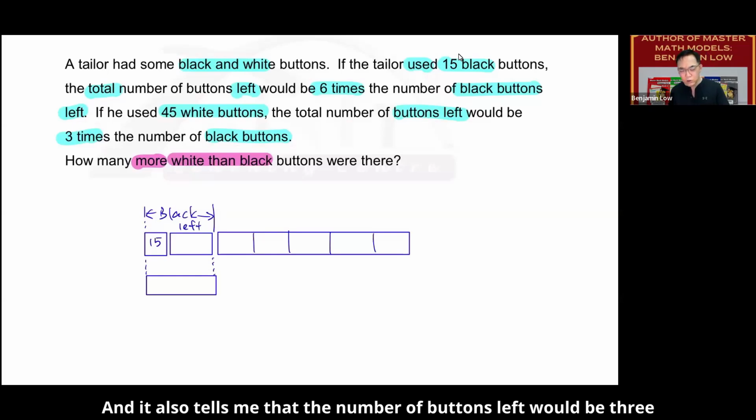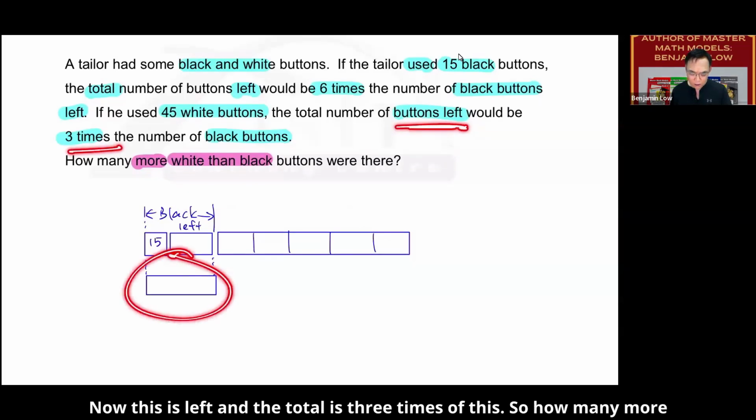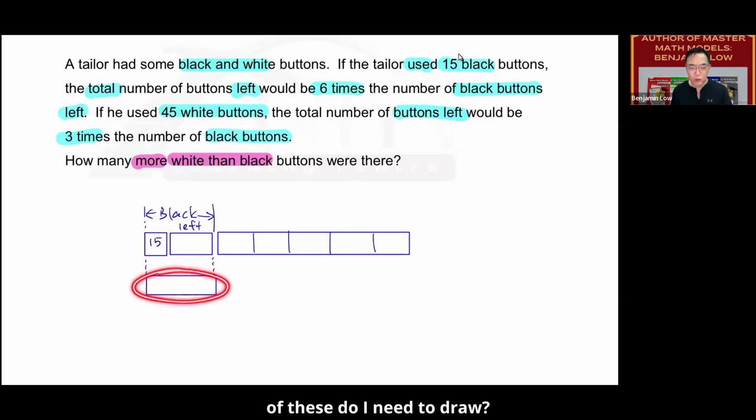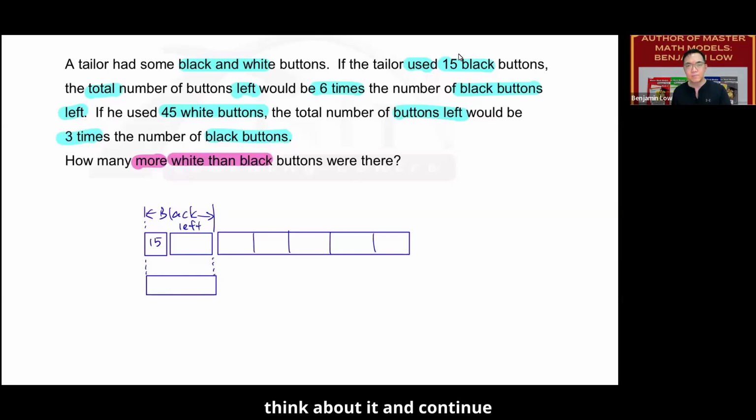And it also tells me that the number of buttons left would be 3 times of this. Now this is left, and the total is 3 times of this. So how many more of these do I need to draw? I'll give you a moment. Now remember, you can pause this at any time to think about it and continue watching later.